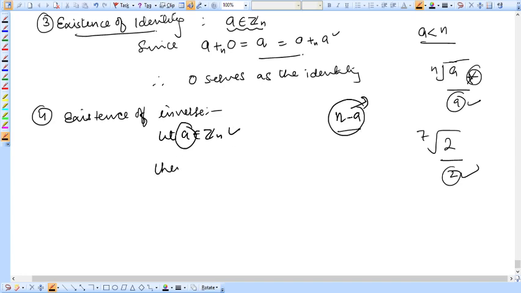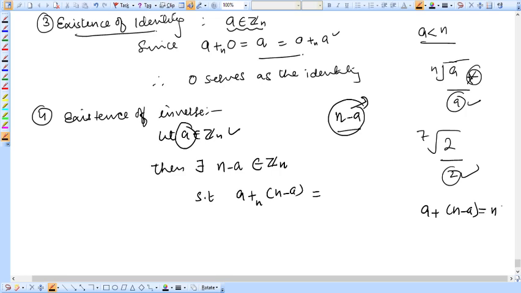Then there exist n minus a belonging to Zn such that a plus n minus a addition modulo n is equal to what? See here, a plus n minus a is equal to n. When n is divided by n, we get 0 as the remainder, so it is equal to 0, right? So we can say this is the inverse of this element.